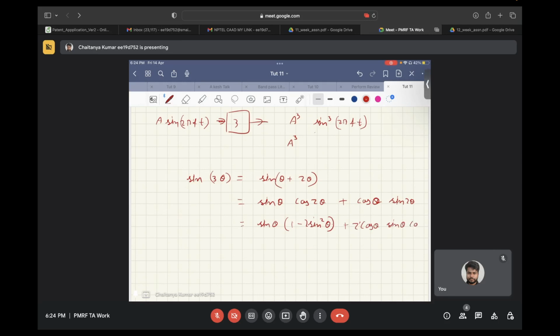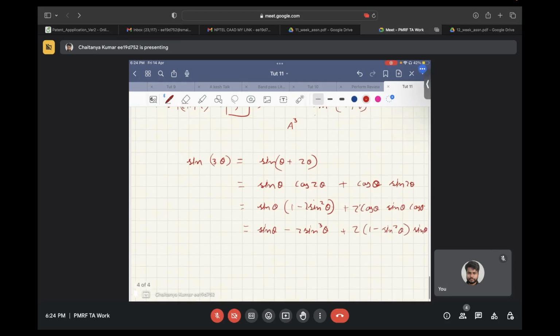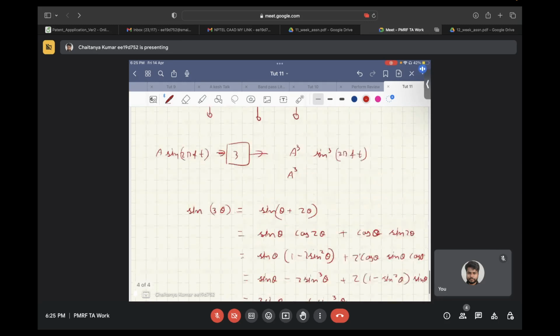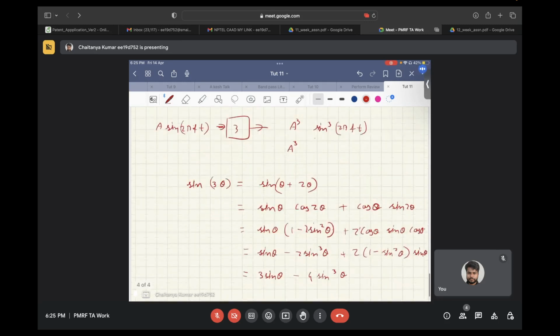So this will be sine theta minus 2 sine cube theta plus 2 cos square theta, which is 1 minus sine square theta, into sine theta. So this is 3 sine theta minus 4 sine cube theta.